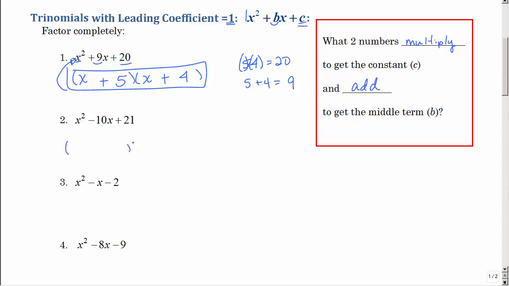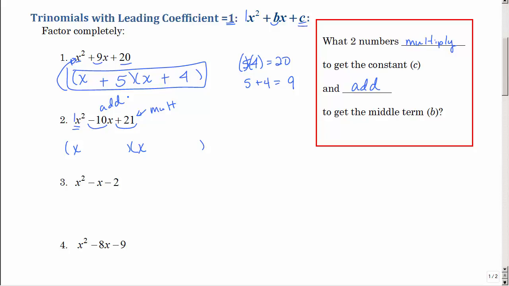Let's look at number 2. We have a leading coefficient of 1, so I need x times x to get us that x squared. Now I say, what two numbers multiply to get positive 21 but add to get a negative 10?